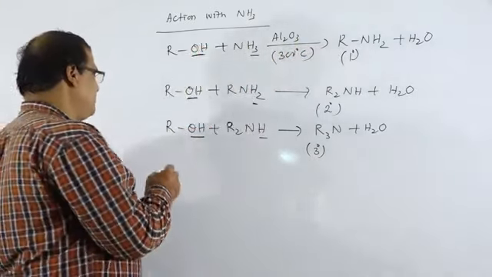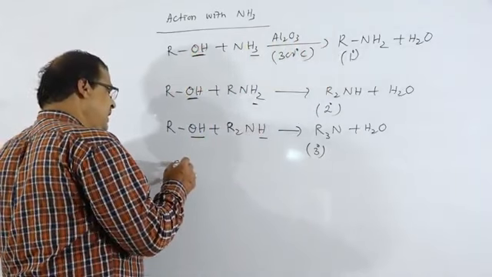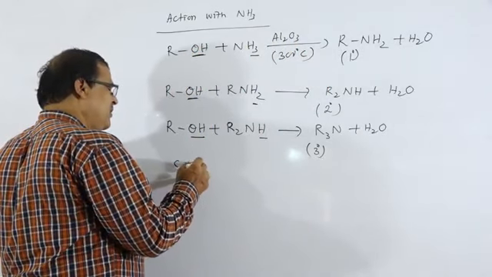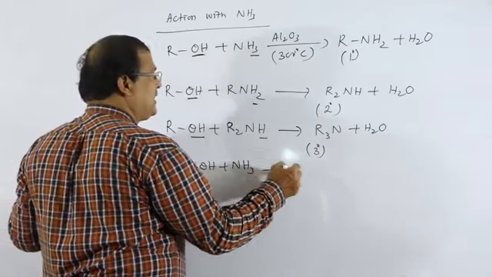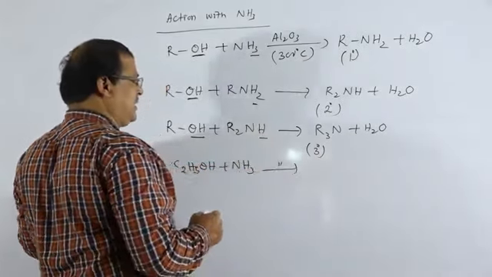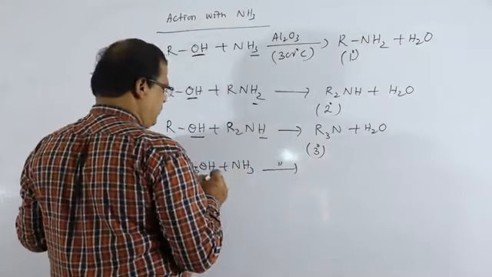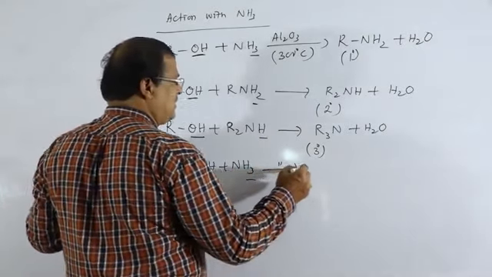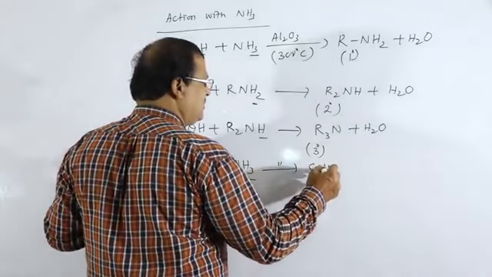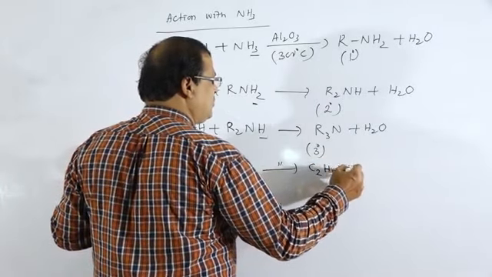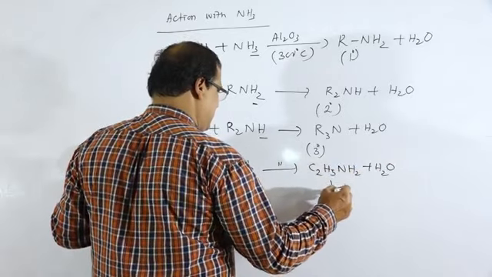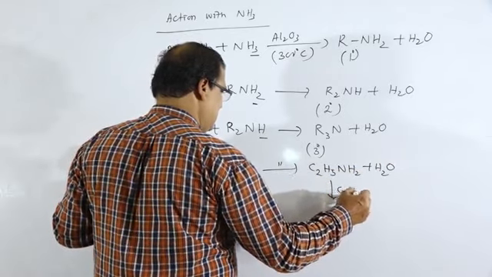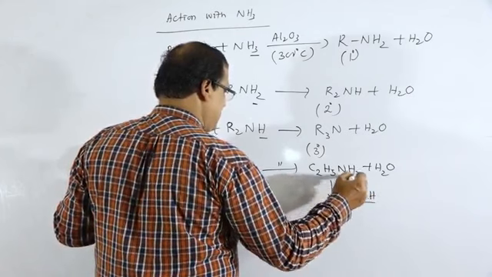For example, ethyl alcohol reacts with ammonia, same reagent, Al2O3 at 300 degrees centigrade, with the OH part and H part removed as water.